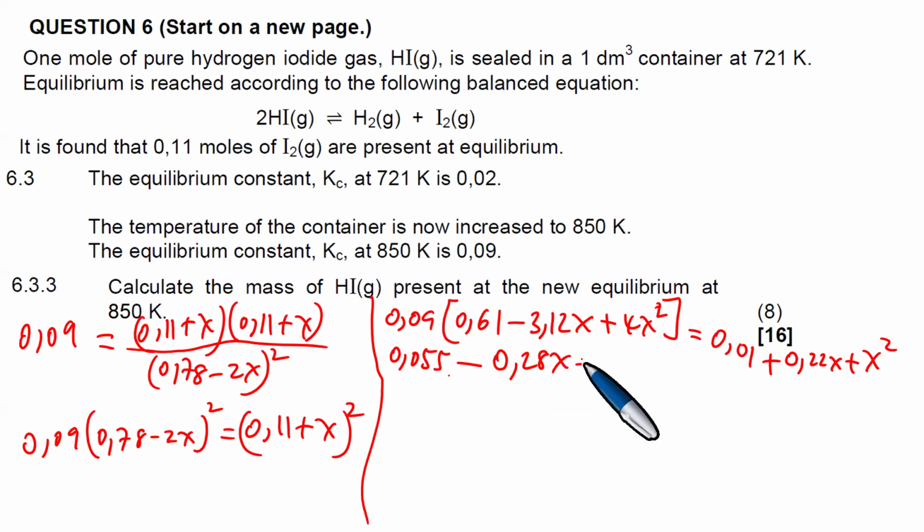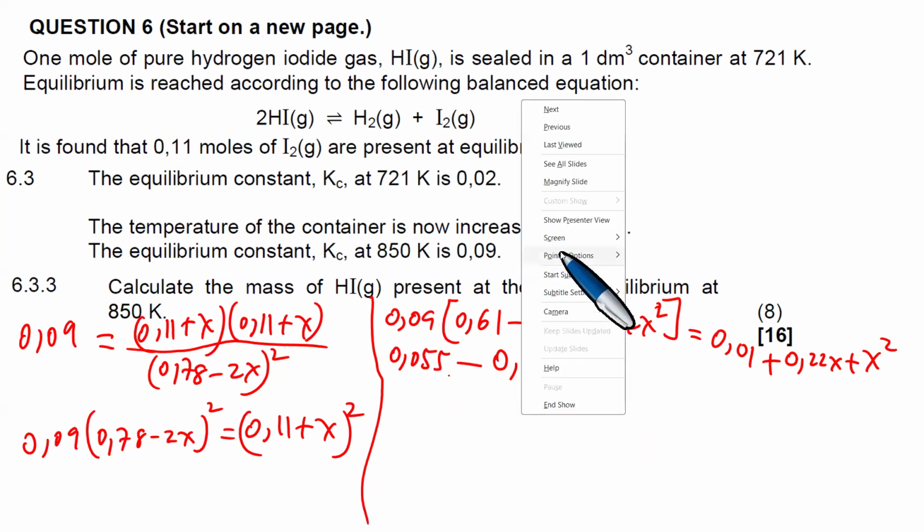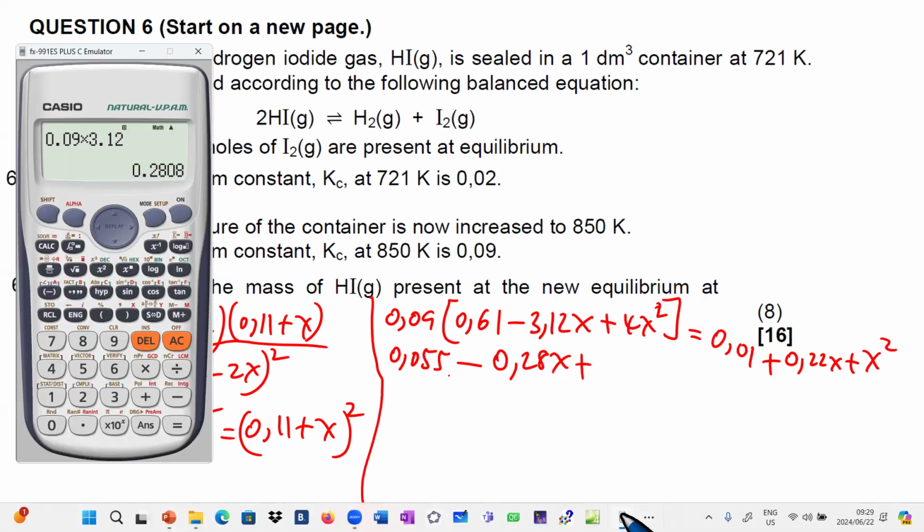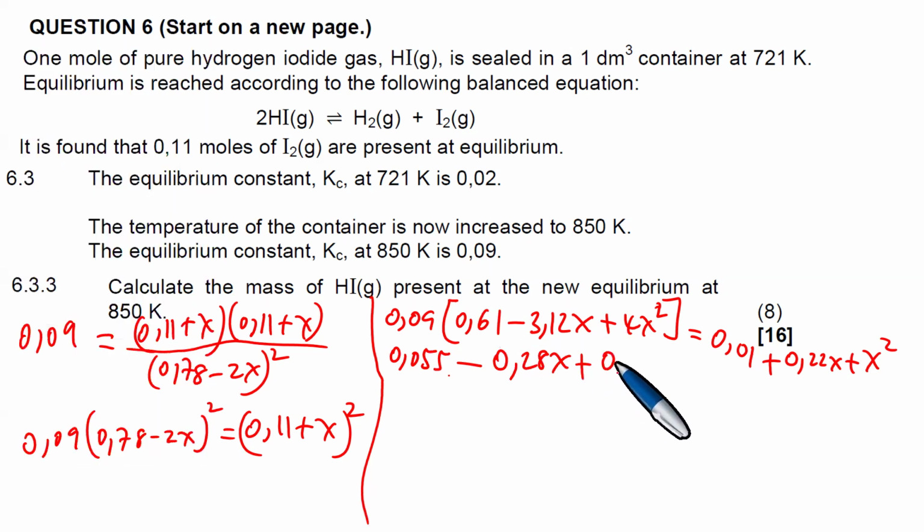0.28x. 0.09 by 4 is 0.36. So 0.36x squared, which is 0.01 plus 0.22x plus x squared.